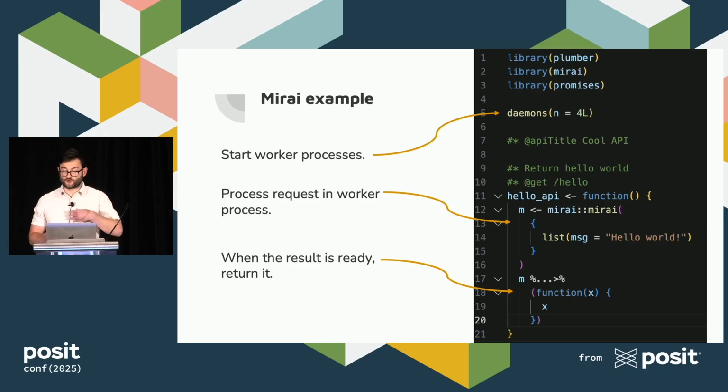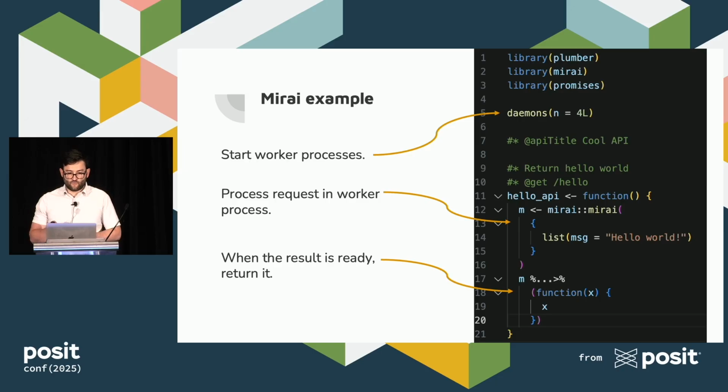Because when we get our promise back, the main R thread is free to do other things, like intercept another inbound request. And the nice thing about Mirai is that once this promise is ready, when there's a result able to be fetched, it's going to inform the main R process directly, and then R is just going to send that result back to the client that requested it.